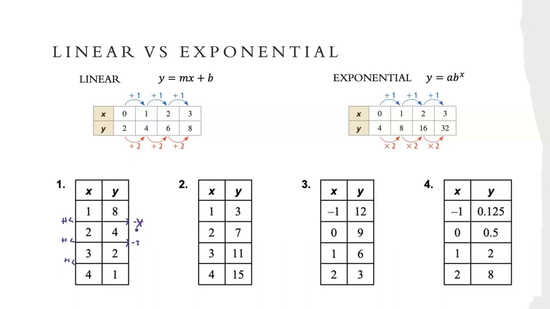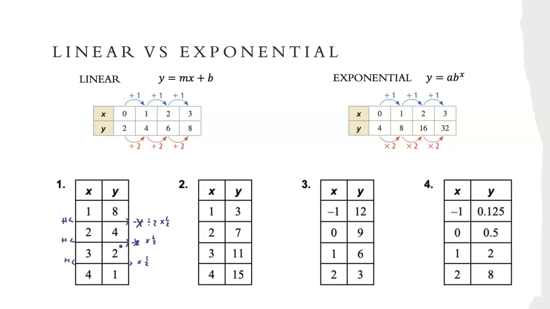And so I'm going to look again. What could I do to get from 8 to 4? What's actually happening here? And I wonder if you're thinking, you're dividing by 2. Yes, but remember, we're actually going to be multiplying by 1/2. 4 times 1/2 gives me 2. 2 times 1/2 gives me 1.